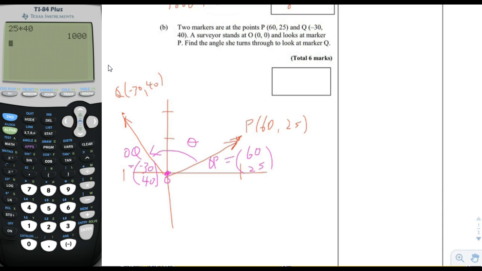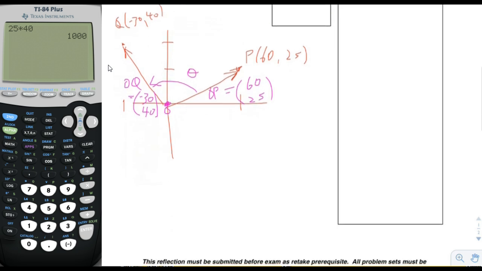Remember, when you do the scalar product, you are actually finding out indirectly whether lines are perpendicular or parallel or at a certain angle. If you look on the formula sheet, you'll find the formula there. Basically, the definition of the scalar product is the magnitude of each of the two vectors multiplied times each other times the cosine of the angle in between the two.